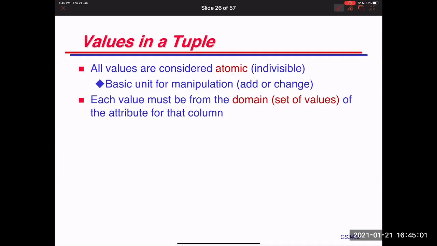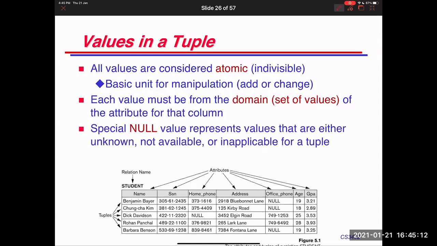Of course, each value in the same column needs to be from the same domain, meaning the same set of allowable values for the attributes in that column. We also have a special null value that represents all values that are either unknown at the moment, not available, or inapplicable for a specific tuple.